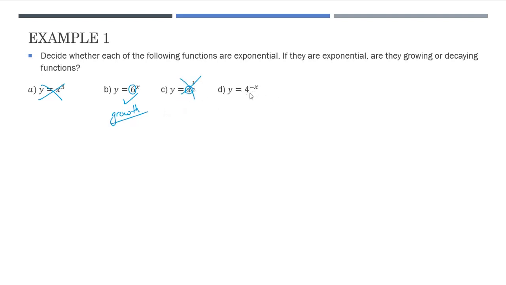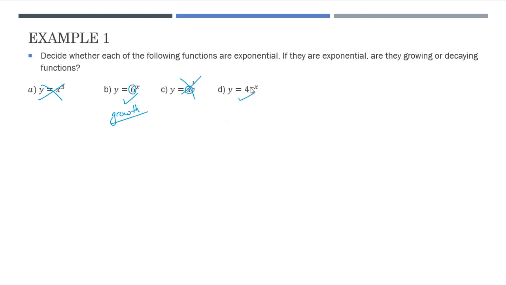Now, this one's a little bit tricky for D because we have this negative exponent here. It actually doesn't matter too much as far as determining if this is an exponential function or not, because we still have a base of 4, but we do have an exponent that is a variable. So yes, it is exponential. Now, whether this is growing or decaying, you need to do a little bit of work here.